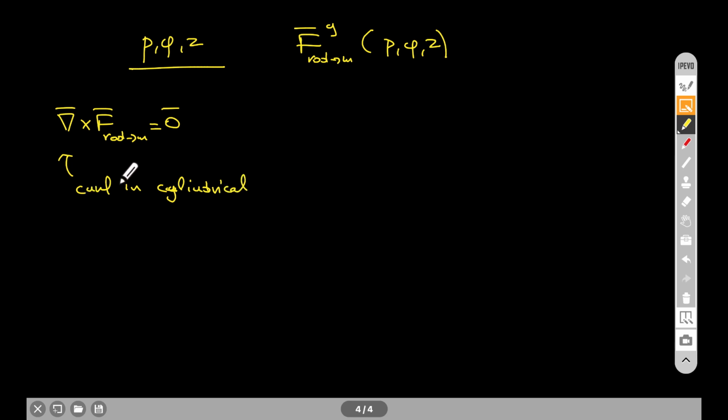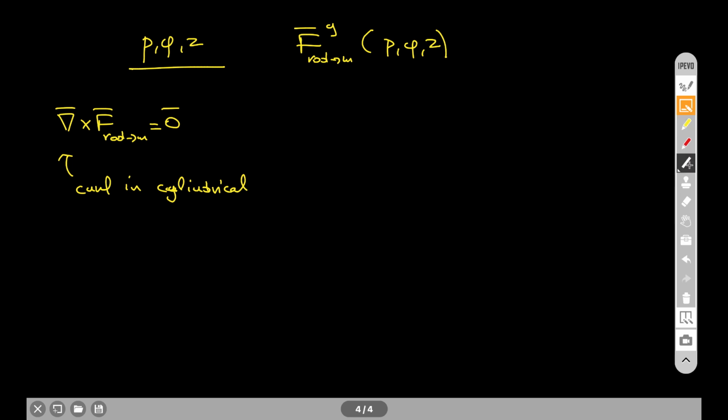Now, do I remember what this looks like? I don't. And I never remember what this looks like. What I do, if I need the curl in cylindrical coordinates, I look up a book and I copy down the expression, and then I do the calculations for the curl.